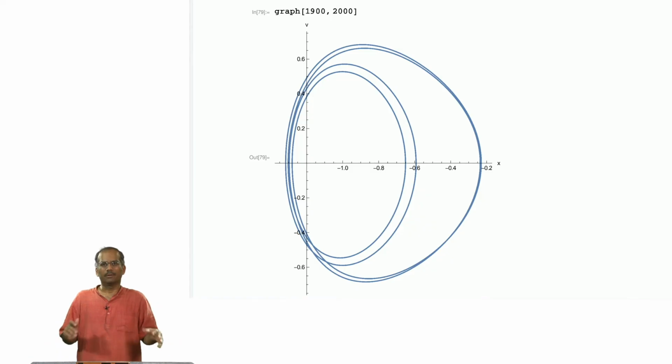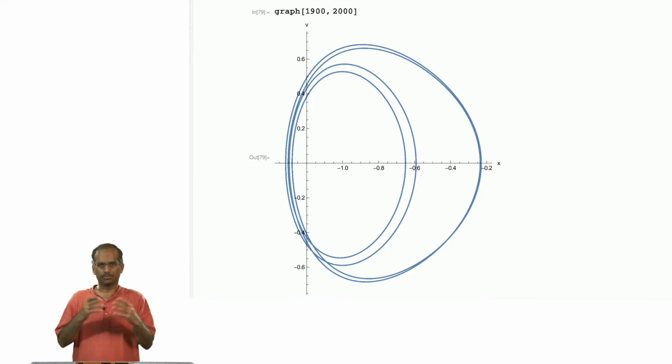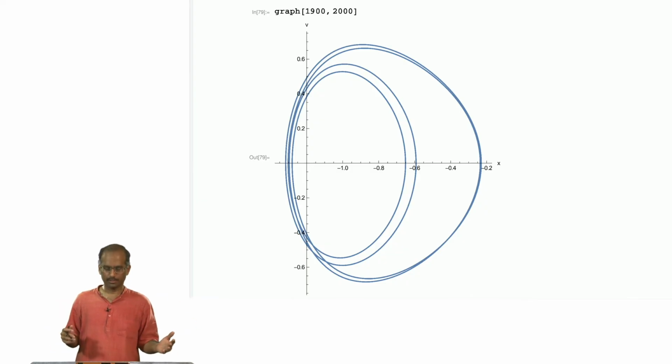So, again now I am not even showing you what happens in the transient case. So, let us assume that all the transients have been taken care of and they are out of the way. So, when I plot the asymptotic nature of phase space, this is what I get.